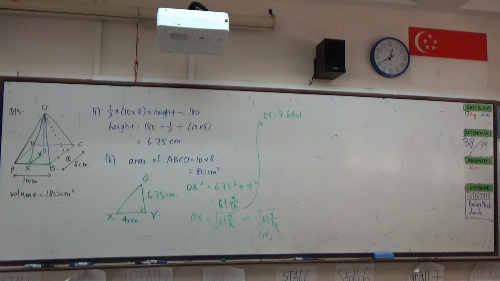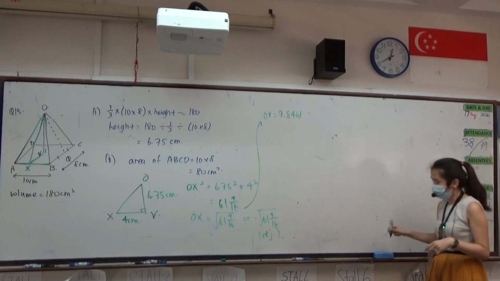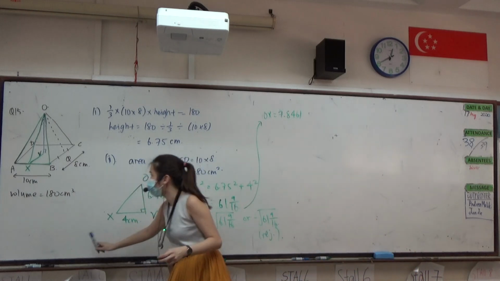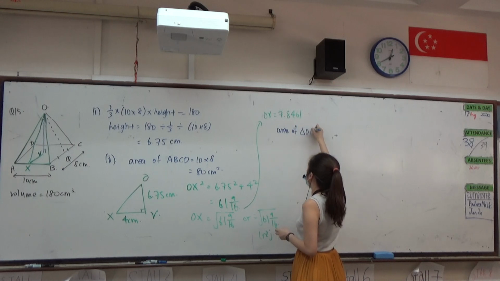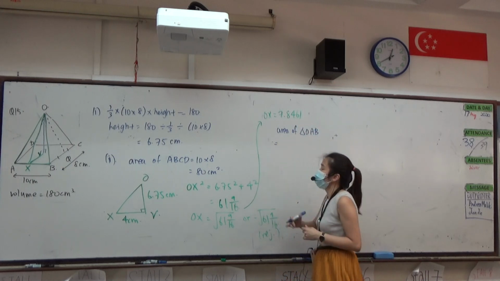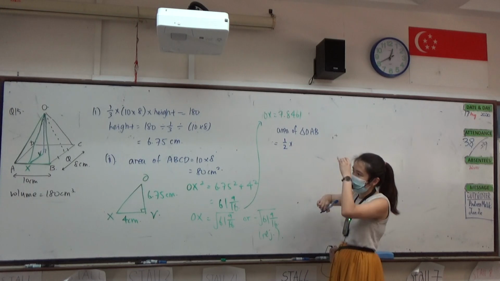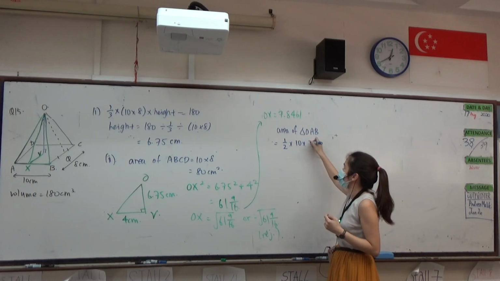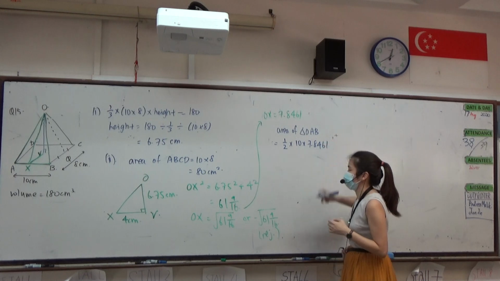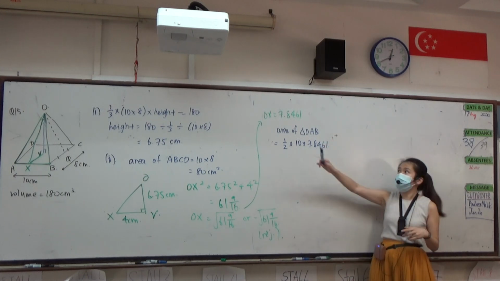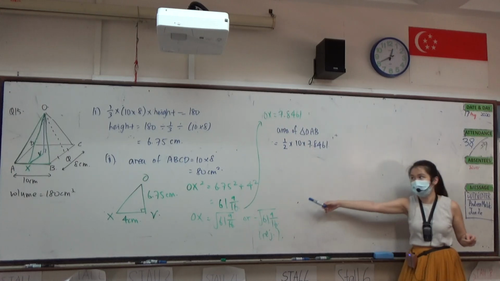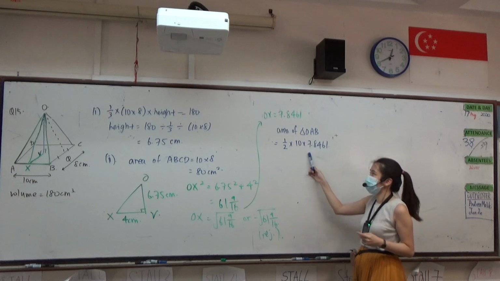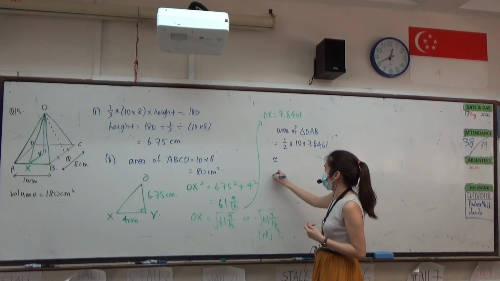So 7.8461 is the length of OX. So then we can go and find out the area of the triangle OAB, which will be half times AB, 10 cm, times 7.8461. Either you use the truncated value or you use the full square root value, that's fine as well. Just maintain accuracy.